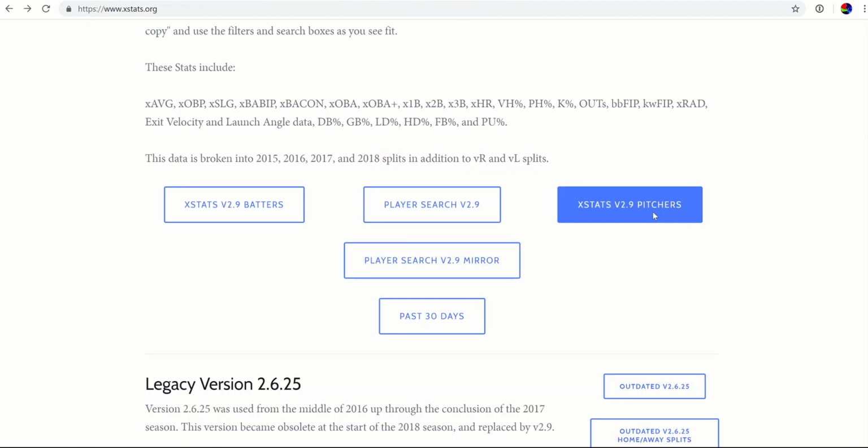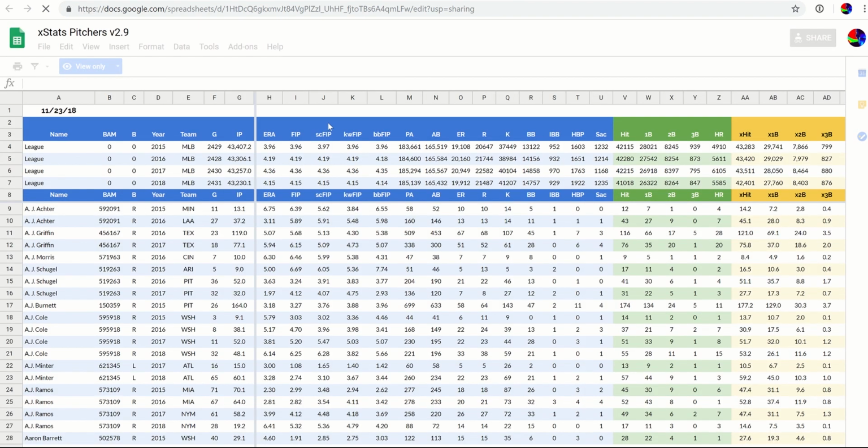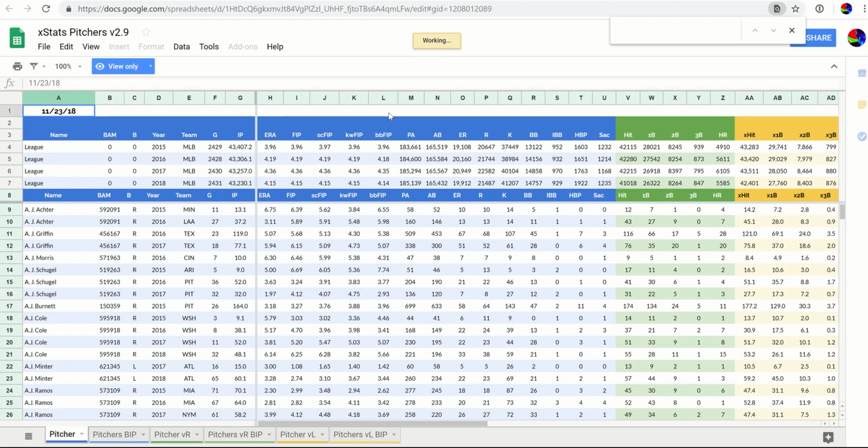Similarly, with pitchers, you can see the same data if you go to the pitcher tab. Let's give an example of a pitcher who may have broken out this year. Blake Snell's actually a good one. Not in there.